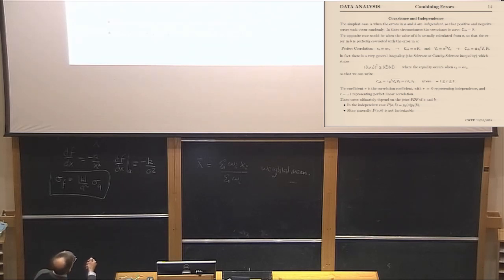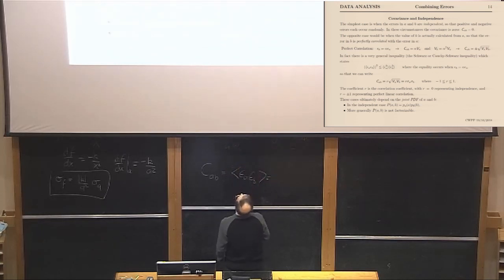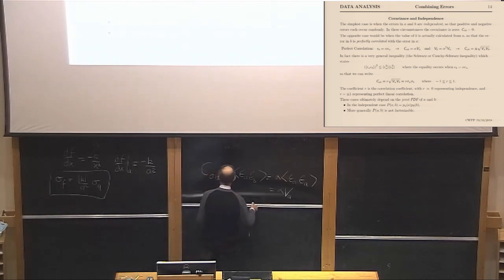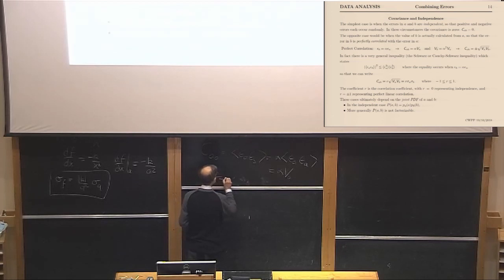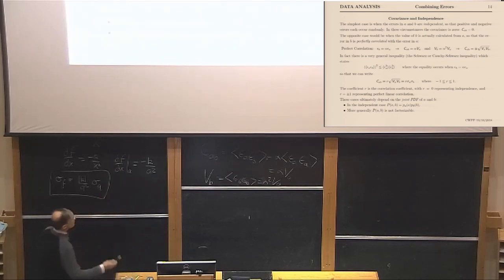Okay? If that's true, then the covariance, CAB, which way around do I find it, is alpha epsilon A, because epsilon B is alpha epsilon A, it's alpha times the variance of A. Whereas VB is the average of epsilon B squared, which is alpha squared times the variance of A. So in these circumstances, the covariance is equal to the square root of the product.